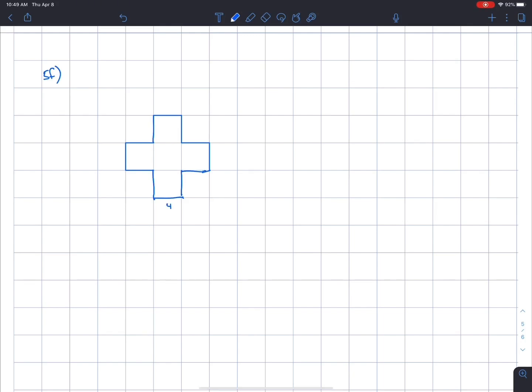And we were told that these are all 4 each. They are all the same. So the base area is just 4 times 4 for one little square. And in total, we have 5 of them. So we multiply by 5, right? There's 5 little squares. So 4 times 4 times 5, we get 80.